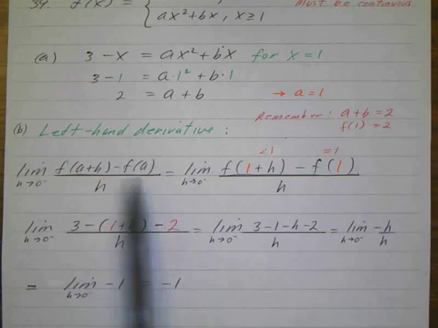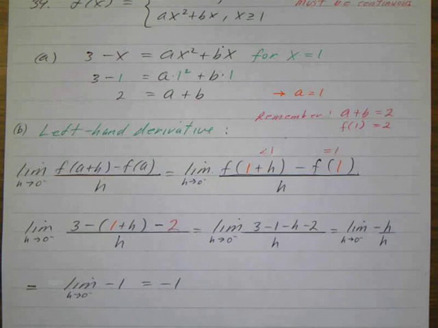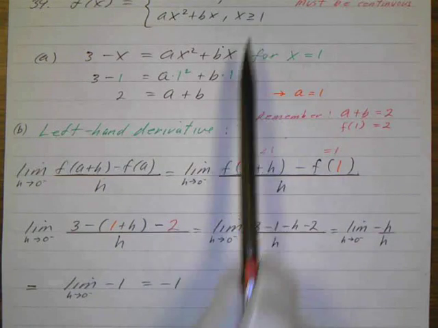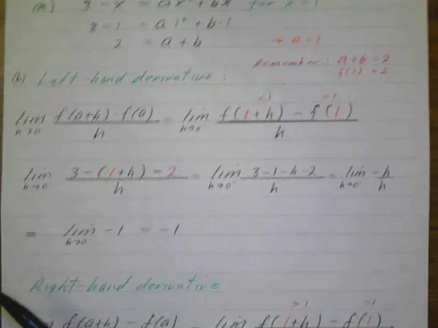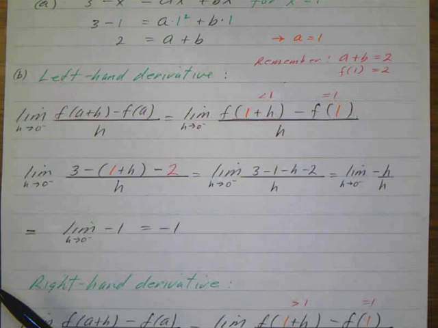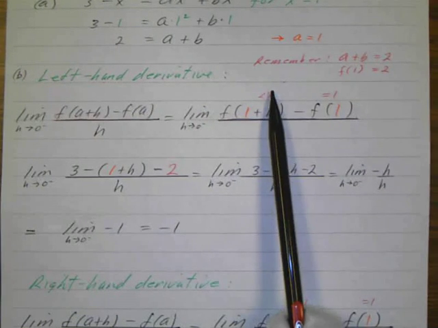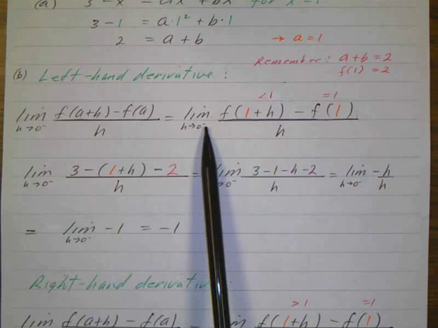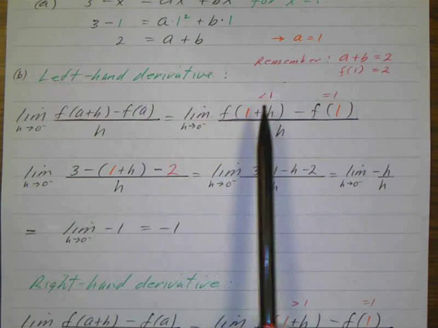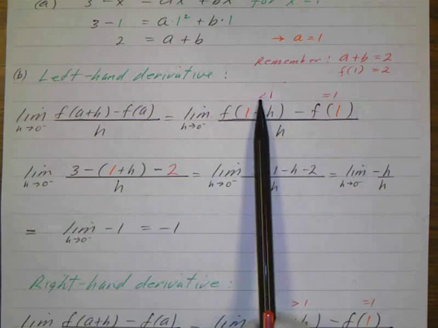Again, I use my same f of a plus h minus f of a. In this case, a is going to be 1 because that's our juncture point, where they connect. Now, f of 1 plus h, if h is approaching 0 from the negative direction, I add a negative to 1, so I'm to the left of 1.